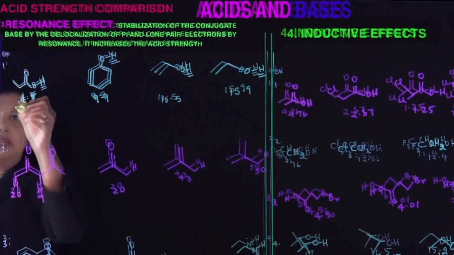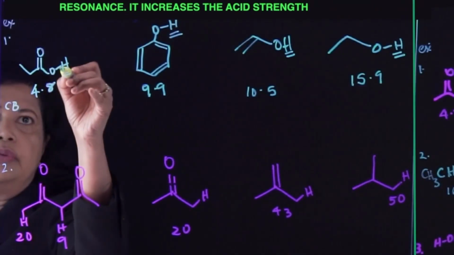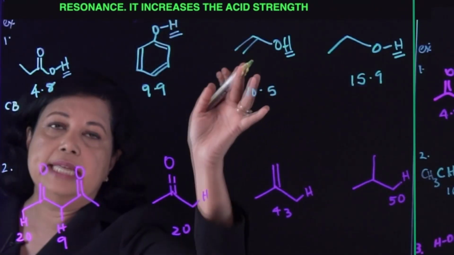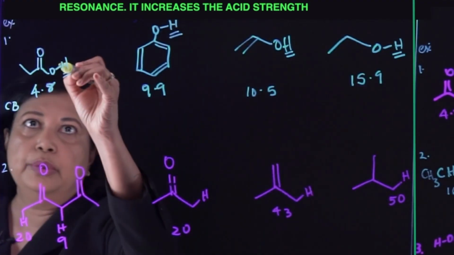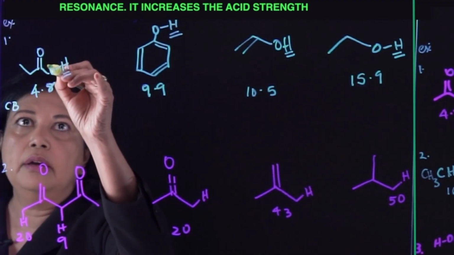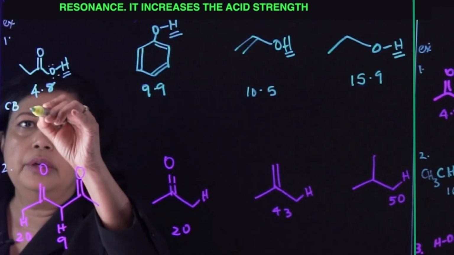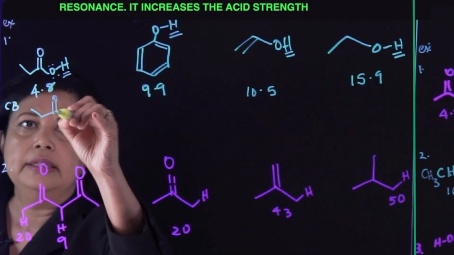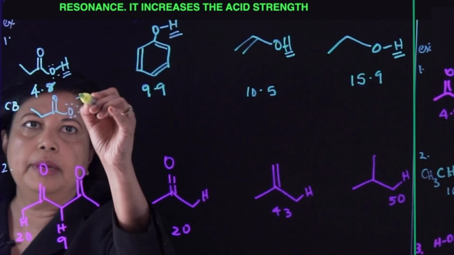So we have to take out the hydrogen as an H plus. Therefore, those electrons are going to go on the oxygen. So here we have a conjugate base that has now 3 lone pairs.